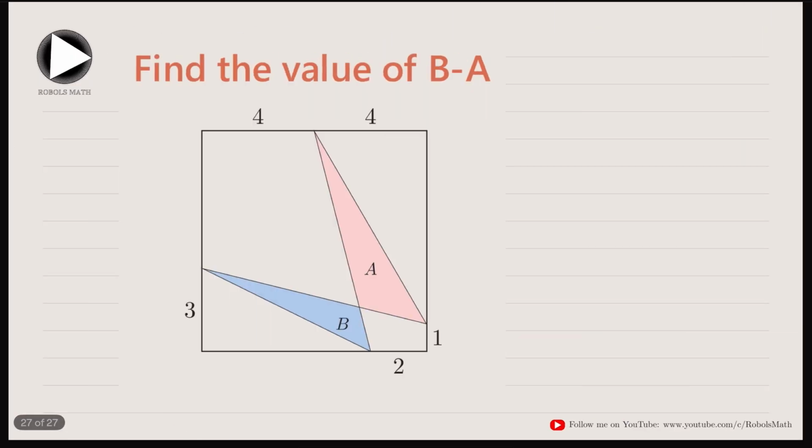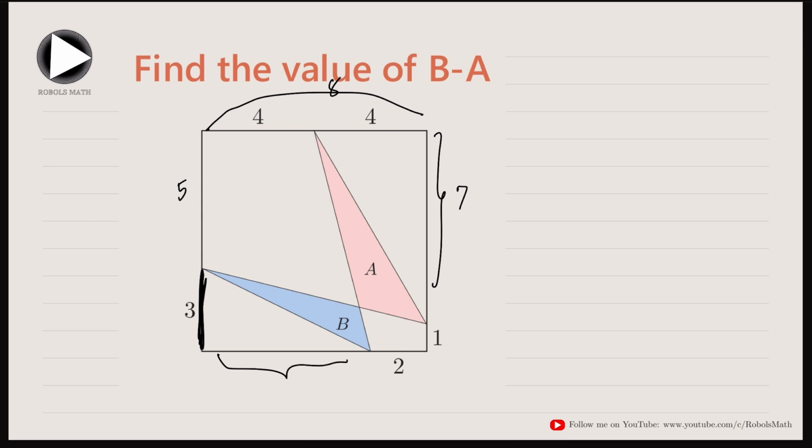So to answer this one, let's first note that since this is a square, the upper part has a side measure of 8, and thus all sides will have a measure of 8. Since this side is 3, the other part of the side is 5. Similarly, the upper part here is 7. And lastly, this part here is 6.